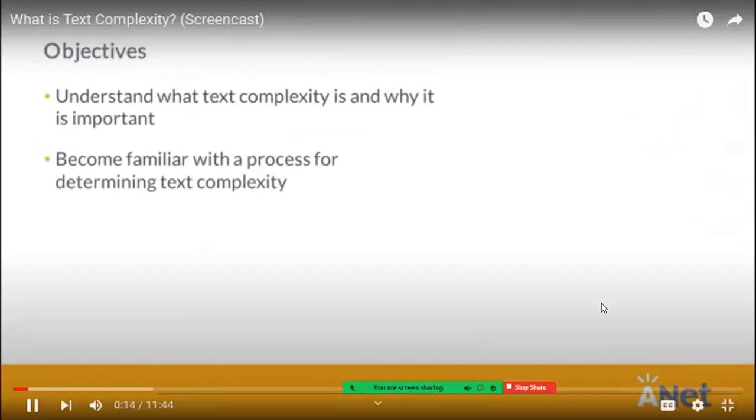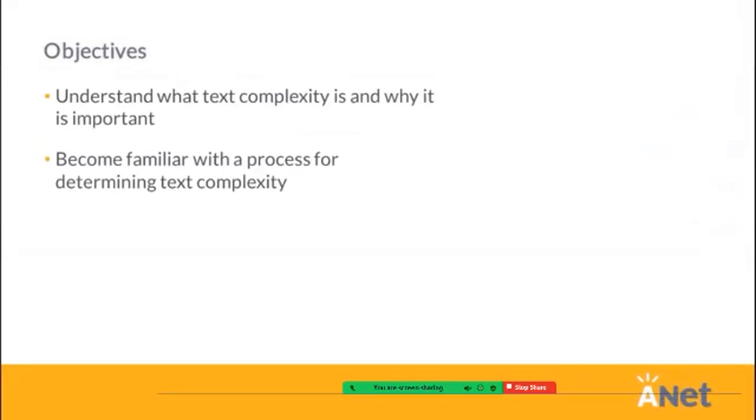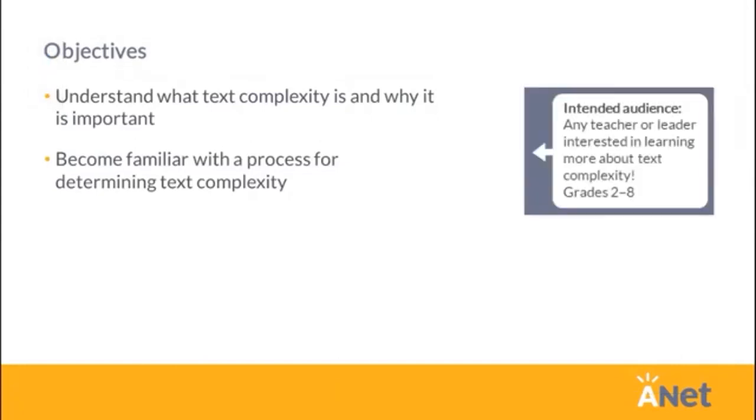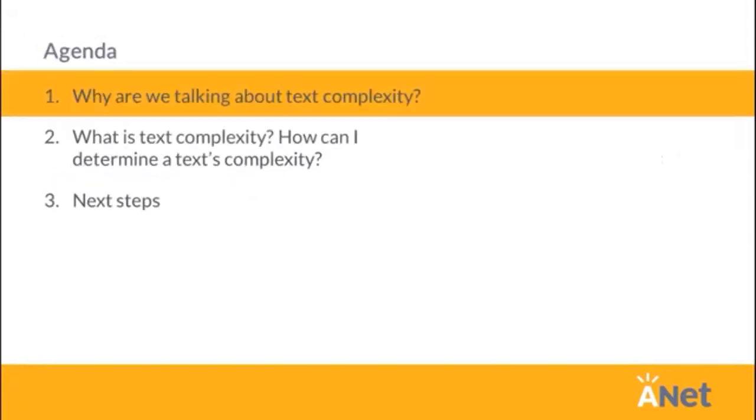Our objectives for this screencast are to understand what text complexity is and why it's important, and to become familiar with a process for determining text complexity. Our intended audience is any teacher or leader interested in learning more about text complexity, and the content in our screencast is most applicable to those who teach or support grades 2 through 8.